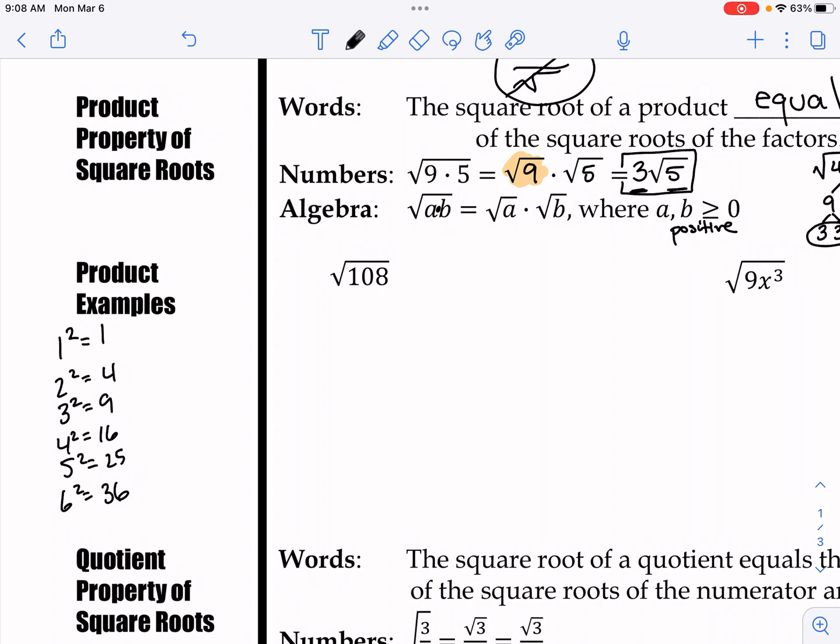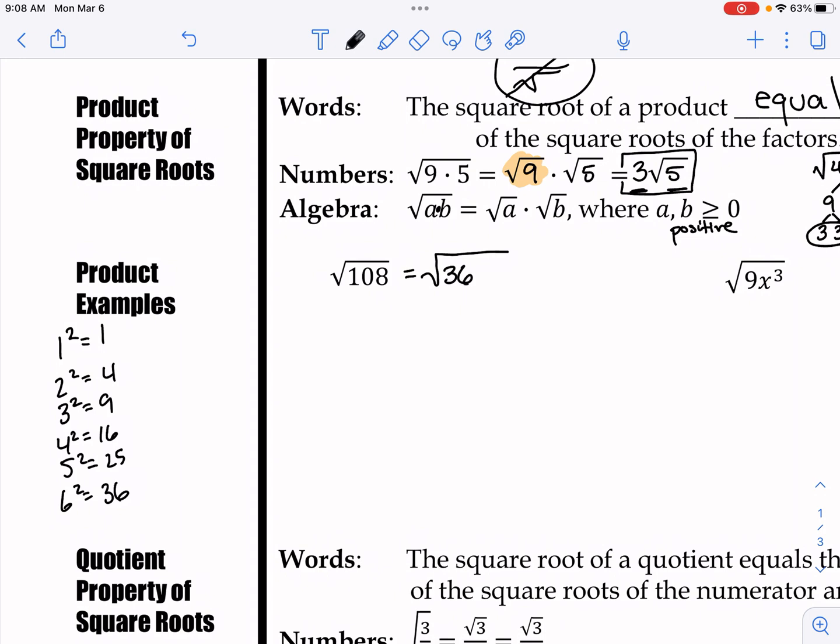So 108, we can represent that by a product of one of these numbers. Probably not 1 because 1 doesn't help us, but 4 could go into that. 9, maybe 9 could. But this is something you would just know off the top of your head.